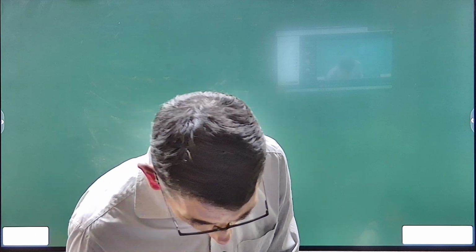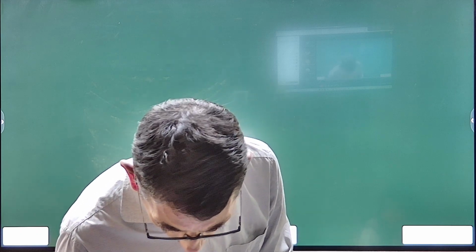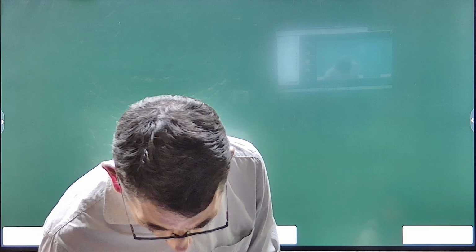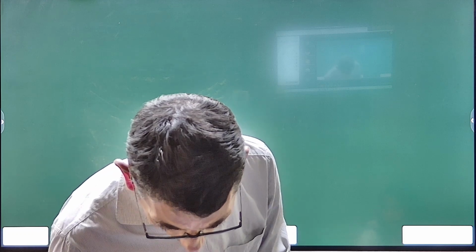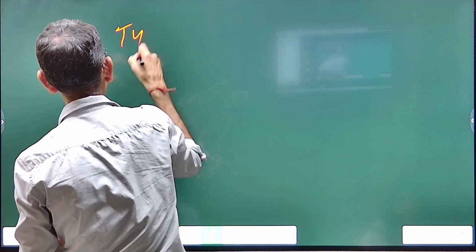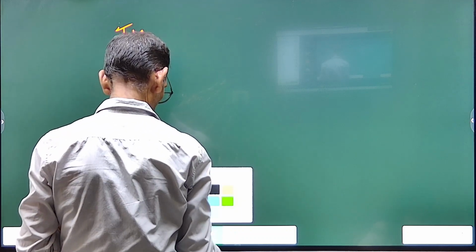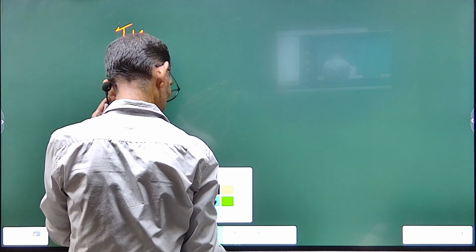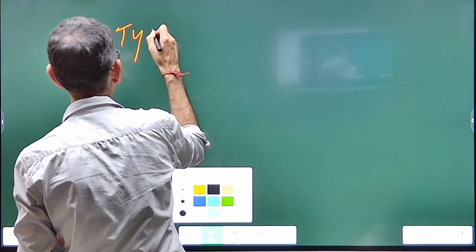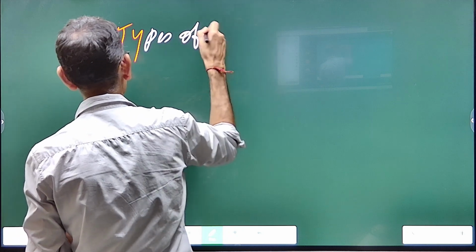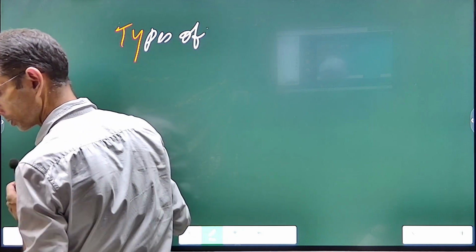Continued proportions. Well, mean proportional, third proportional and fourth proportional. Continued proportion is what I called continued ratio. Okay. Mean proportional. Types of proportion.